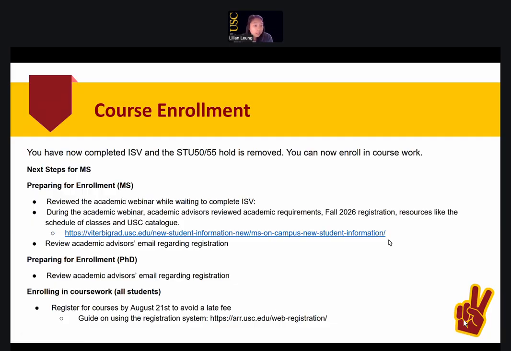And for you all, just a quick reminder, once the hold is removed and you register for classes, make sure you are registered by August 21st to avoid any late fee. We also include this link in here for you all to navigate through the registration system. This PowerPoint slide we'll share with you all later so that you will also have the link to access later.